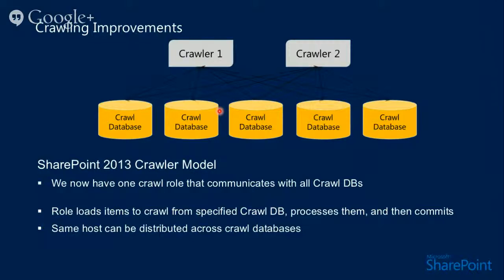If you notice the SharePoint Server 2013 search administration page, this host distribution rule will not be there. That option itself will not be there, because now there is no defined server or defined crawl database where a particular URL will go, since any crawler can crawl any crawl database. So there is no chance of creating a host distribution rule.